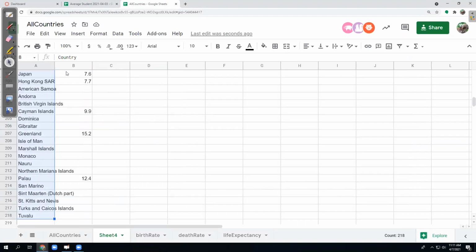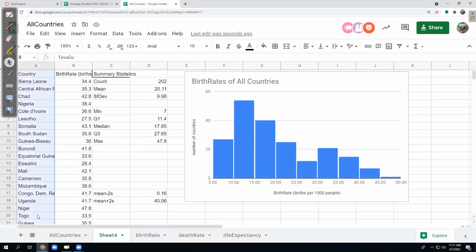Oh, interesting, we have a bunch of blank ones. Oops, I messed that up. Try it again. If I go to the bottom, Control Shift up arrow, and then Shift right arrow will highlight just those two columns. So the keys can be pretty helpful, quicker than the mouse sometimes. But I just want column A and column B highlighted, and then sort them.